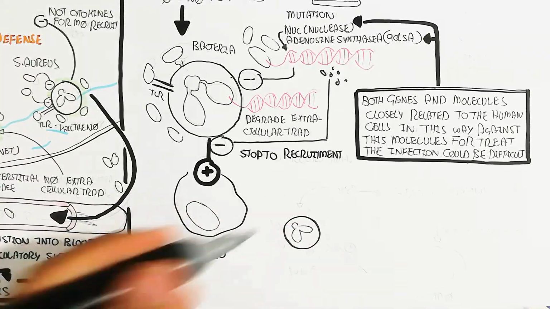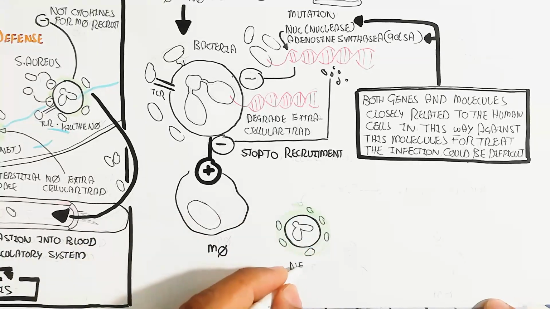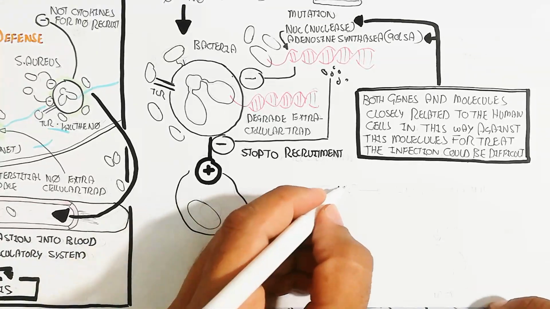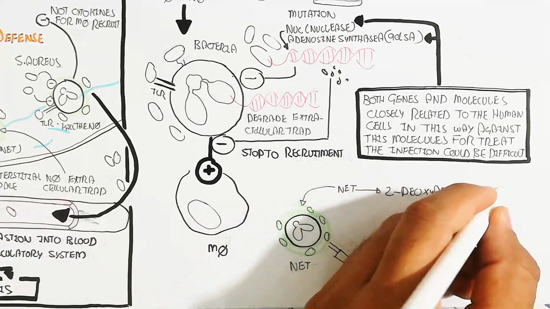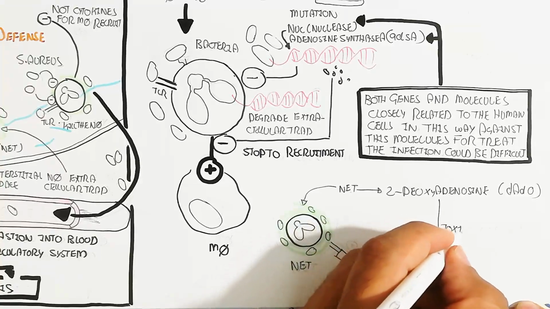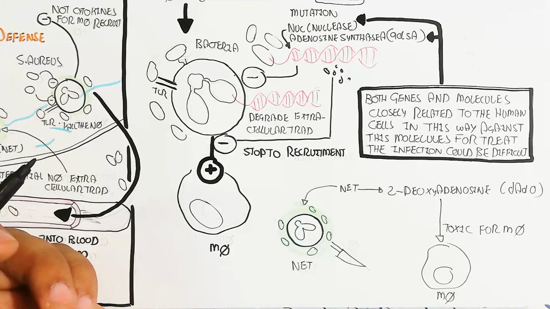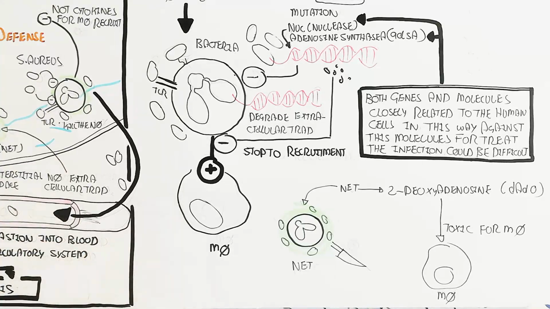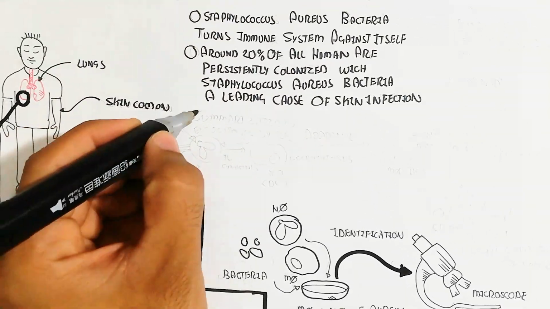It contains 2-deoxyadenosine, which is toxic for macrophages and is used for killing the bacteria via the neutrophil.